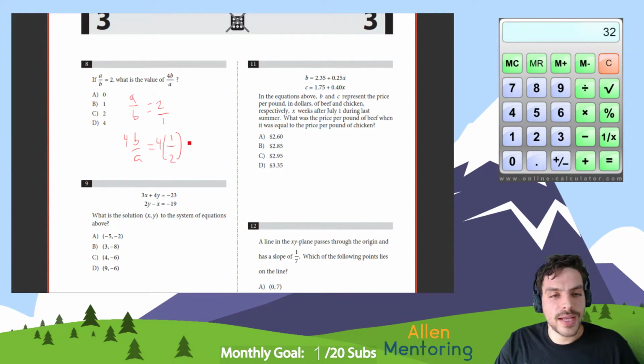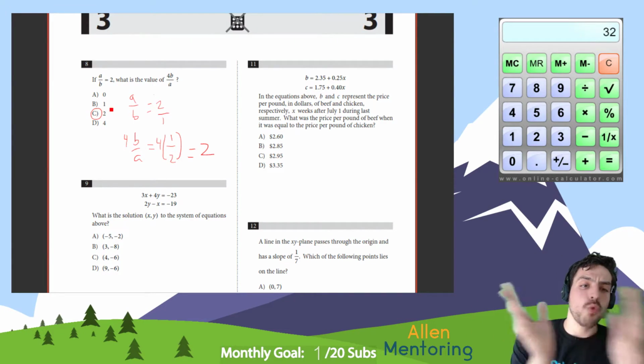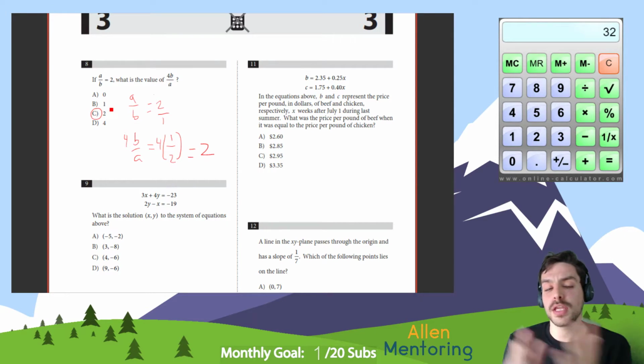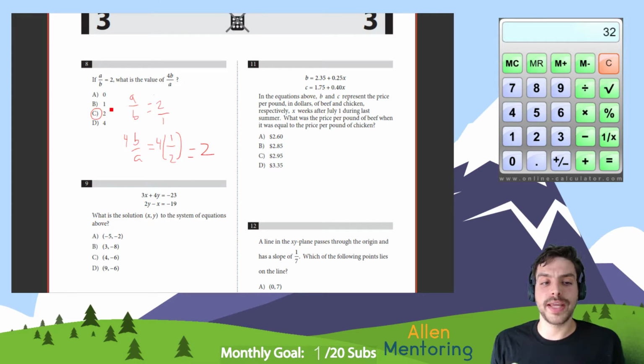And if we do that, we see that 4 times 1/2 is equal to 2. All right, so in our case, C is the answer. So in summary, for these types of problems, just whatever you do to modify one side, do the same to the other. All right, and eventually you'll find what they want you to get.